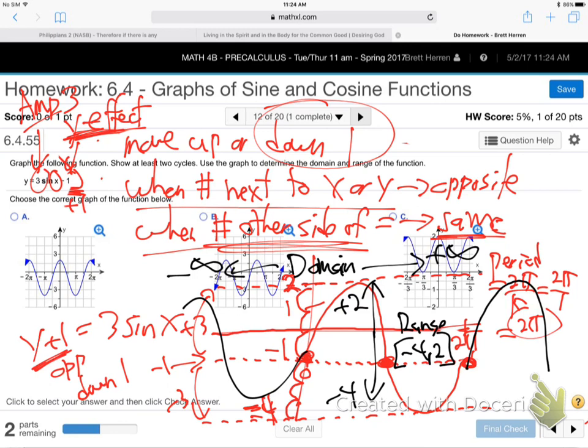The domain, negative infinity, positive infinity. Brackets on the range because you exactly hit -4 and you exactly hit +2. Parentheses on the domain because you don't hit the infinities. You just get close to them. Left and right forever. Bottom to top for range. Is that good? Can I keep moving?